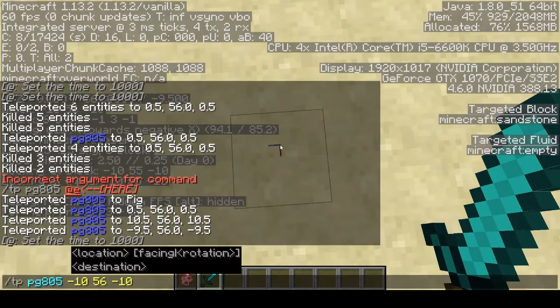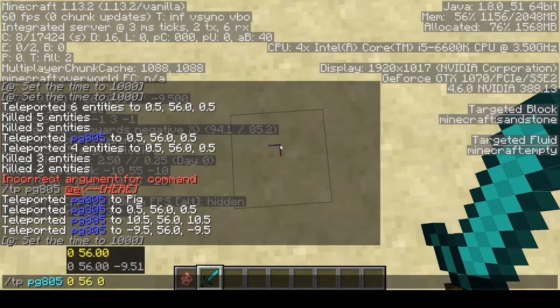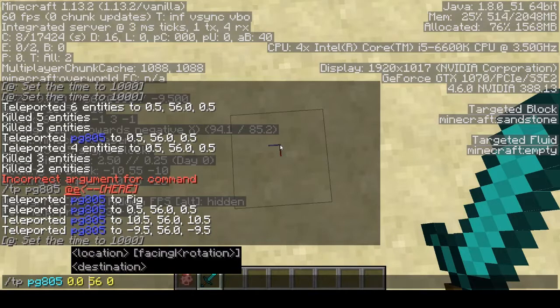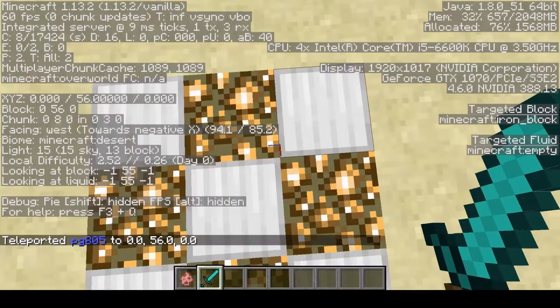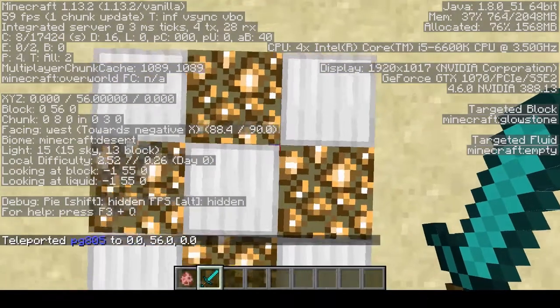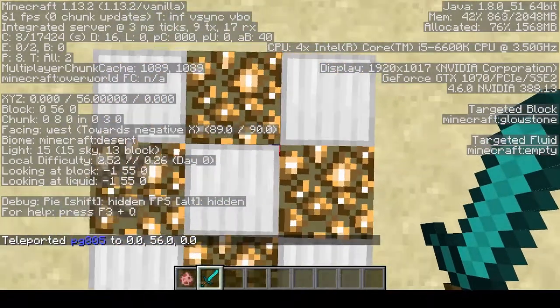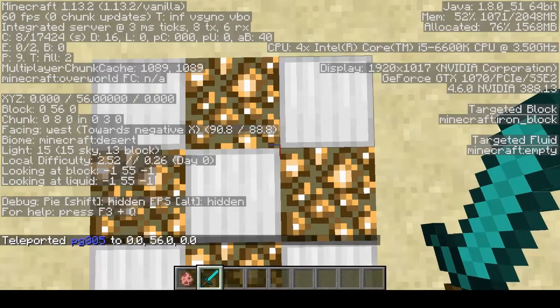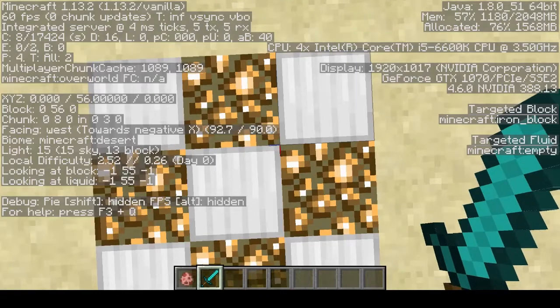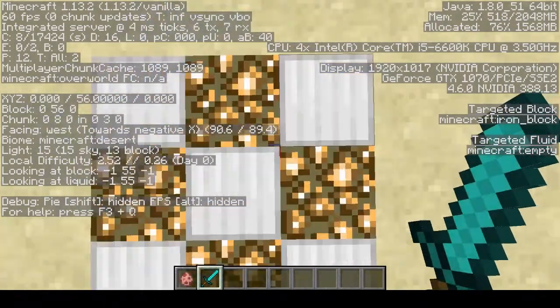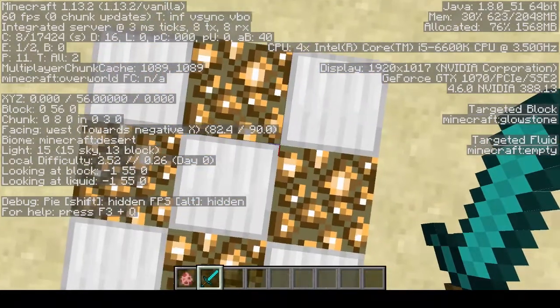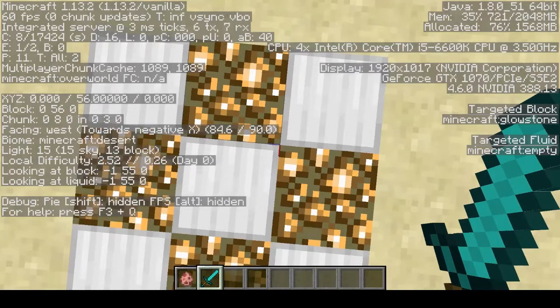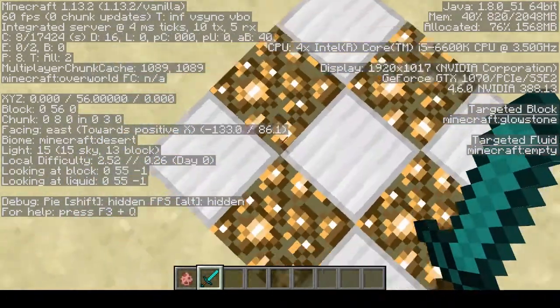Now you can put in floating point numbers. So let's say I want to make this exact. I want to teleport to 0 0 exactly. Well, it doesn't teleport me to the 0 0 block. Now it teleports me to the actual coordinates 0 0, which you'll see is right here in between these 4 blocks, because I'm at the 0 position of many of these blocks.